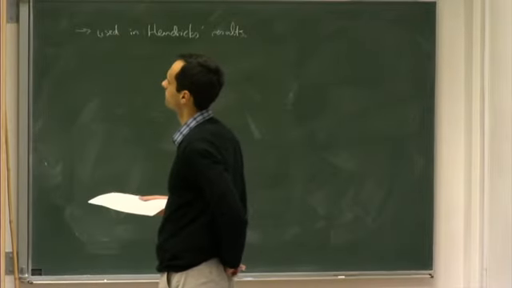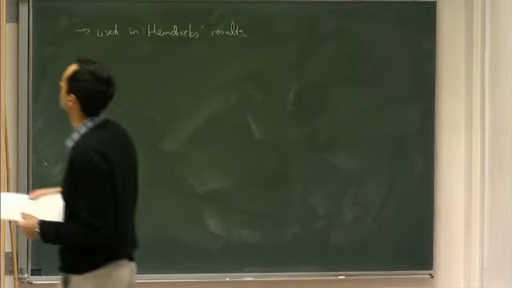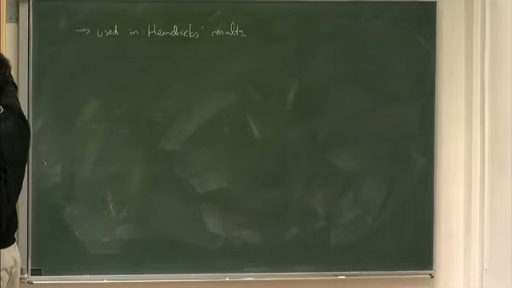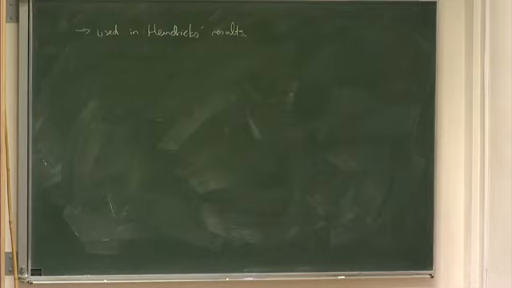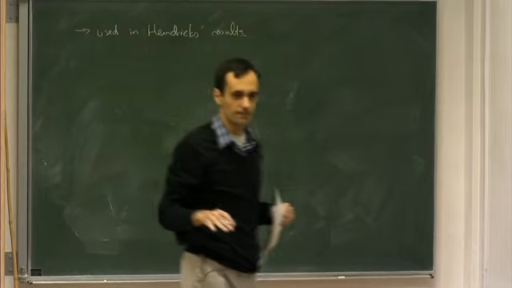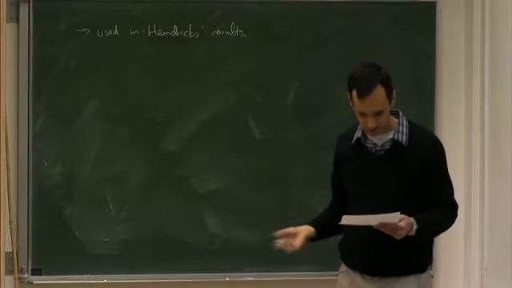Notice, one important thing is that here we talk about covers, so the cover versus the base, whereas here we talk about the space versus its fixed point set. But that's normal.